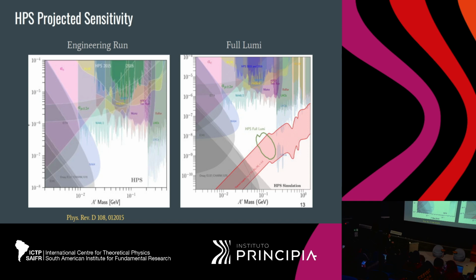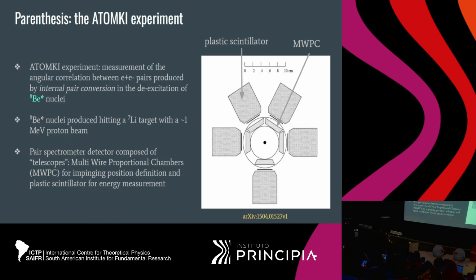And it is very interesting because it is just in the middle of the thermal target, so the region of parameter space that could explain dark matter in the hypothesis of thermal origin of dark matter. So this was all for HPS.